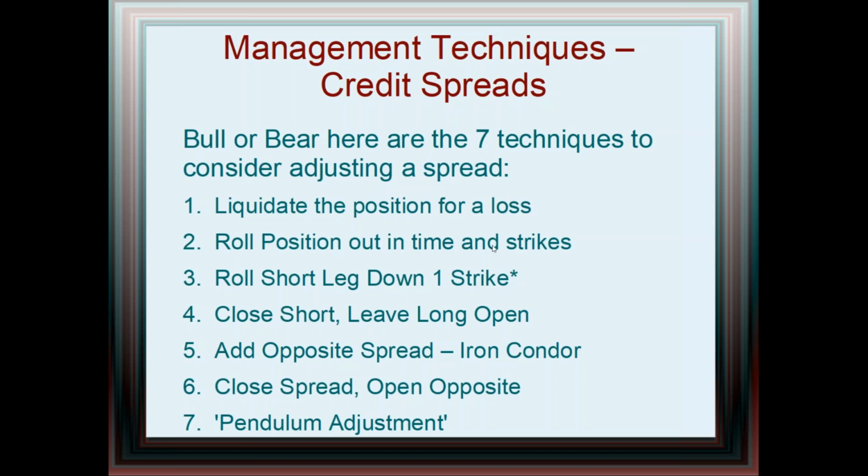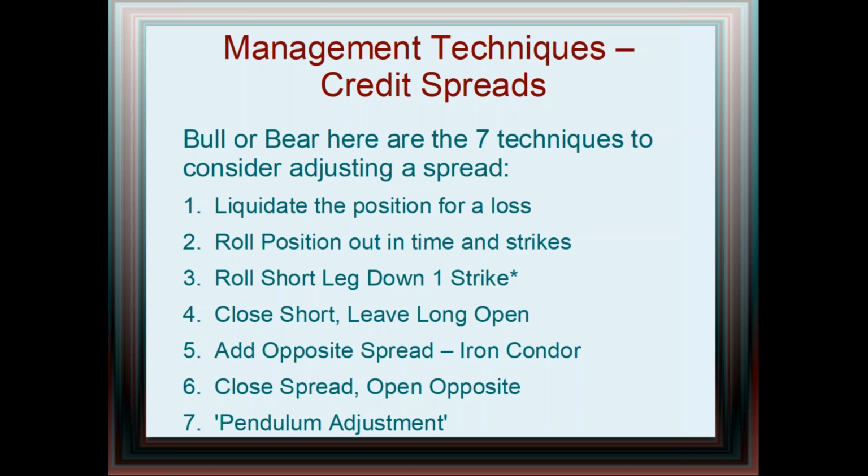Management might be key to avoid any further losses. Okay? So let's just review the 7 techniques. Let's call it 8. Technique 0, do nothing. We'll call that technique 0 because we're not going to consider anything. We're going to do nothing. You've got proper position size in place, so you say, I can let this spread get wiped out. I've only lost 2%. Do nothing, the 0, we'll call that.